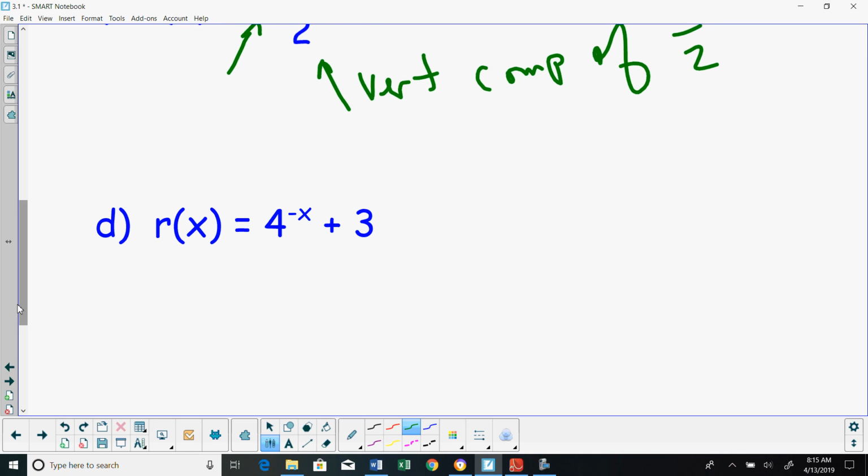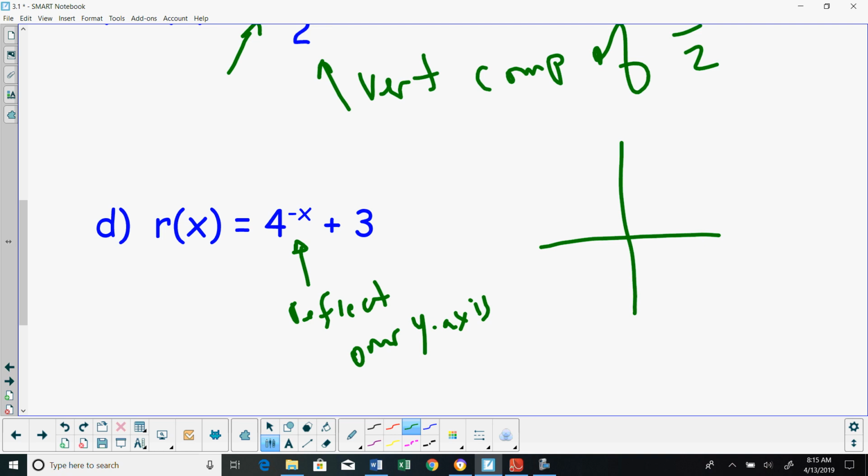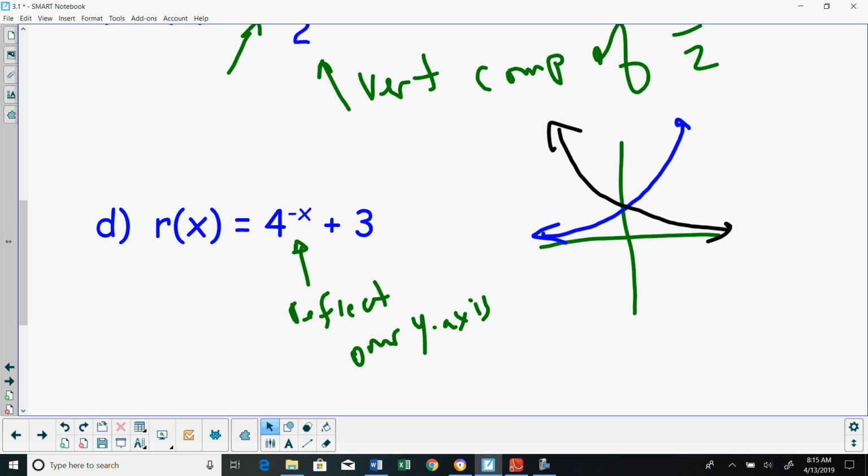This one has a negative with the x. That's going to be a reflection over the y-axis. So here's my parent function, but if I'm reflecting over the y-axis, then that graph is going to look something like this. Okay, that's reflected over the y, but we also want to shift that graph up 3 units.